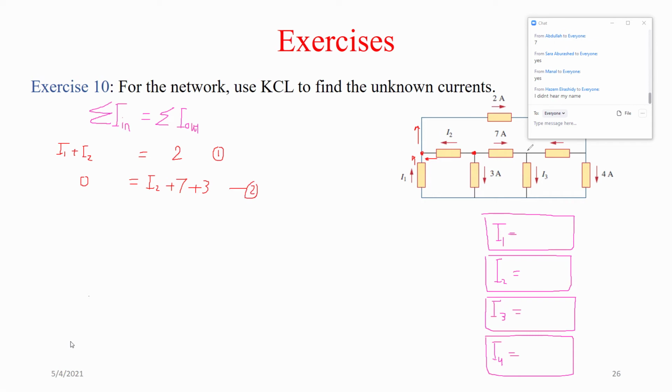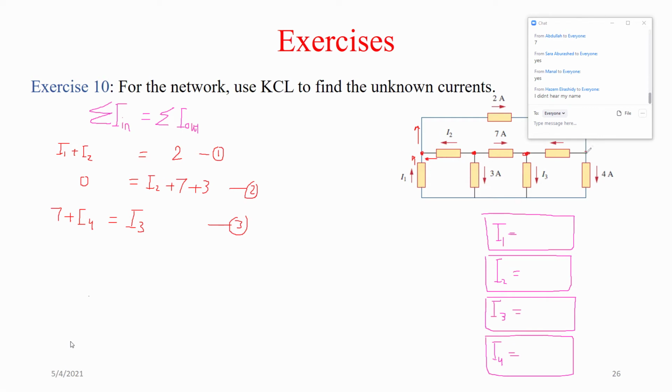Then we go to the third node here. Coming is I4, leaving is I3, coming is 7. So the entering current 7 plus I4 equals the leaving I3. This is the third equation.